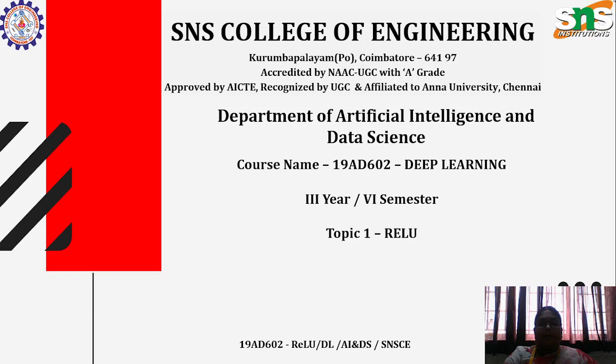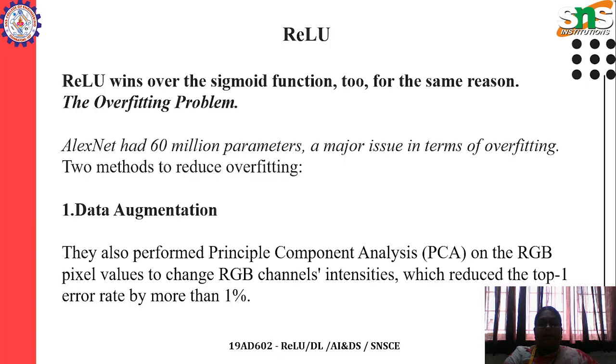It mainly focuses on maximizing the output value, which retains the essential features as they are, and it filters any error present in the layer. That is the use of ReLU.